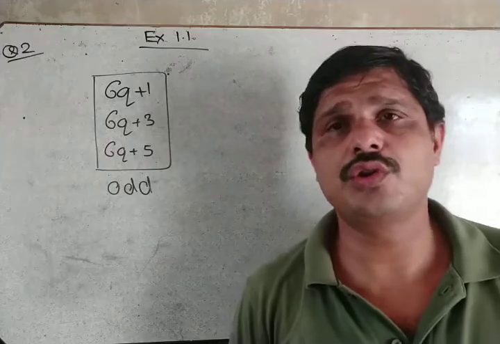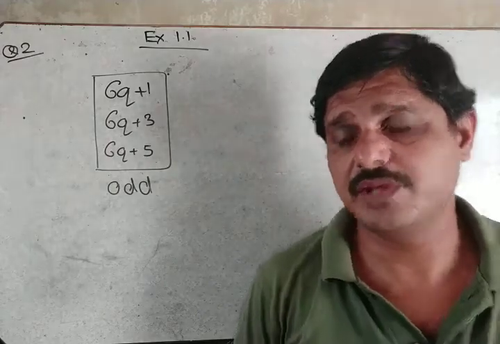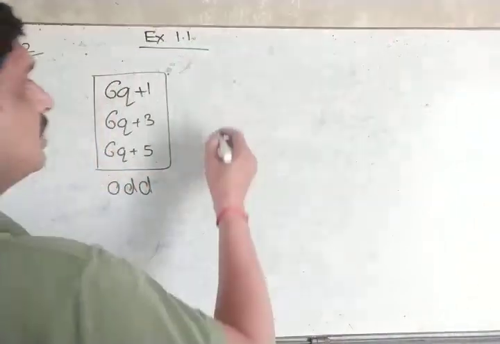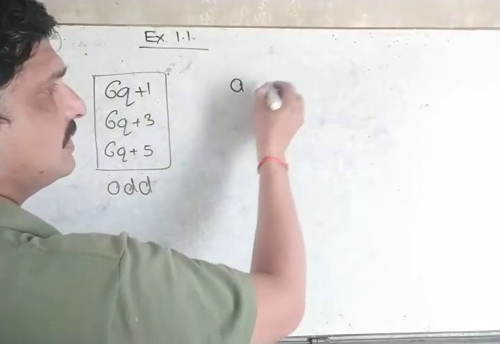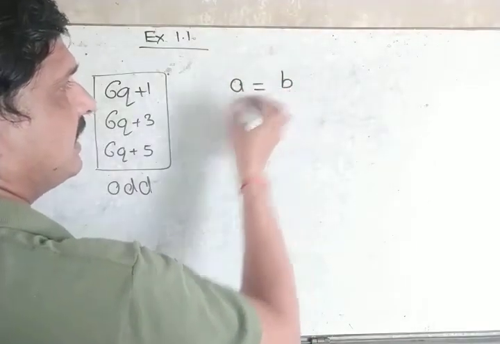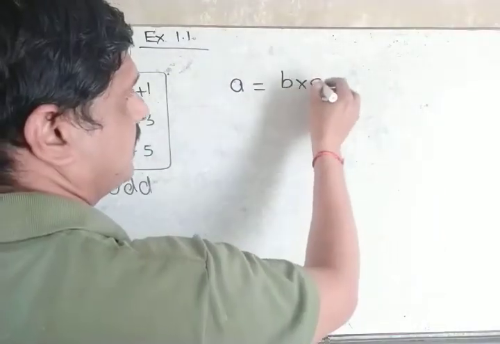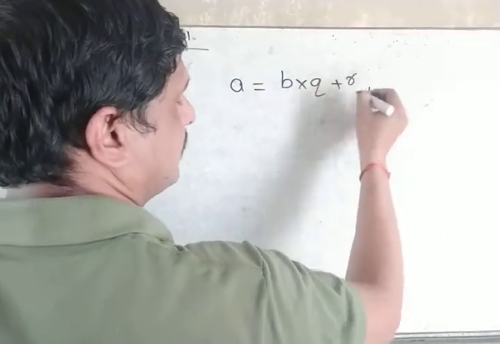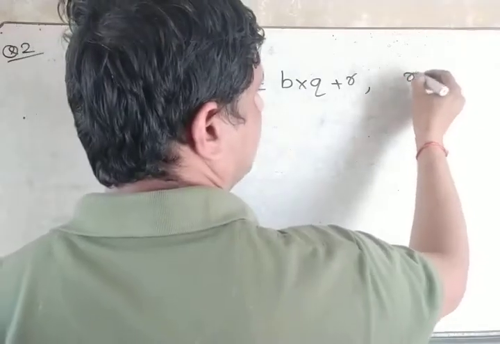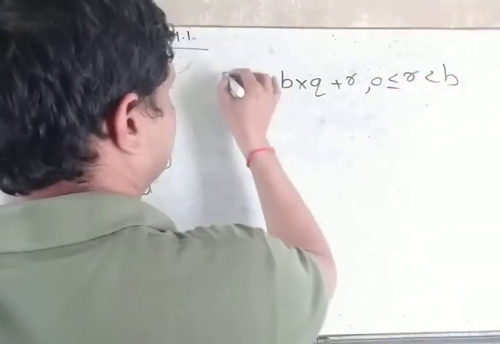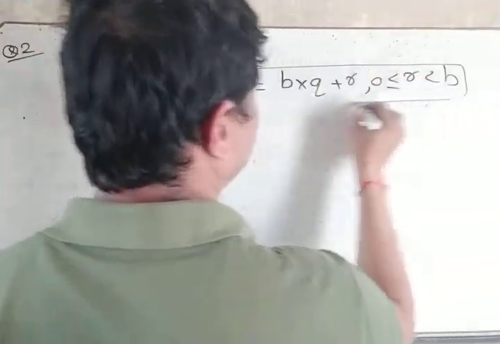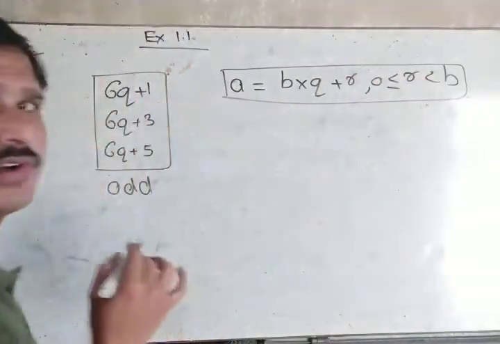So not only for this question, for every question you have to assume a = bq + r, and you always assume r is less than b. Starting with this question, what you will say?